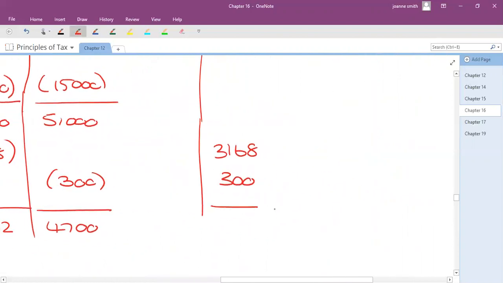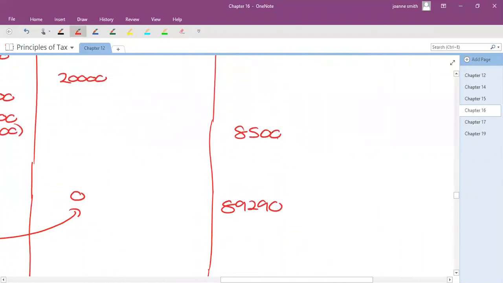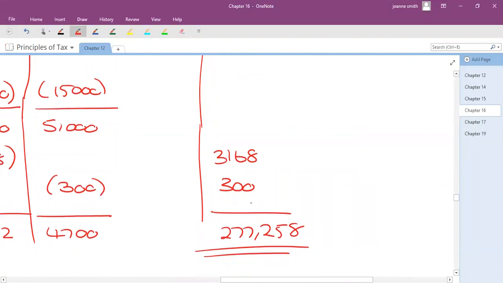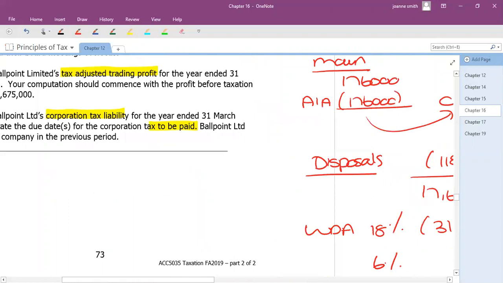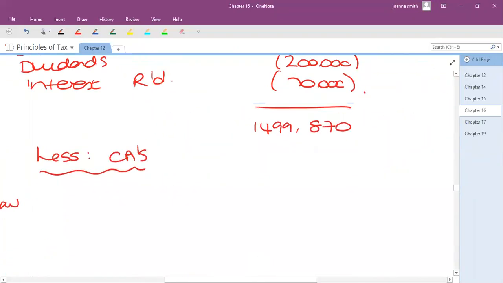So in total then, my capital allowances for that period should be 277,258. So this is made up of your first year allowance for your cheap car, your low emission car, your annual investment allowance for your 2 assets, and then your 2 lots of writing down allowances. So the final part then is to deduct those capital allowances from your profit.